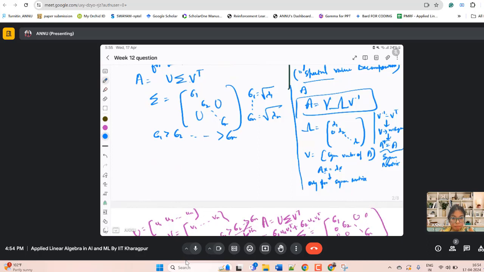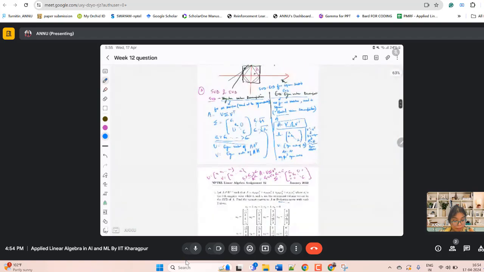And U is equal to eigenvectors of the Gram matrix A A transpose. V is equal to eigenvectors of A transpose A. Okay, I hope this is clear.